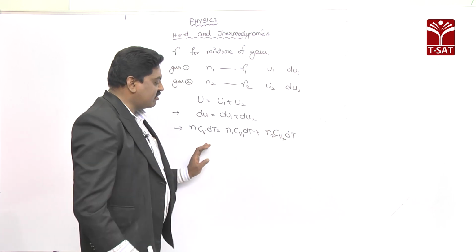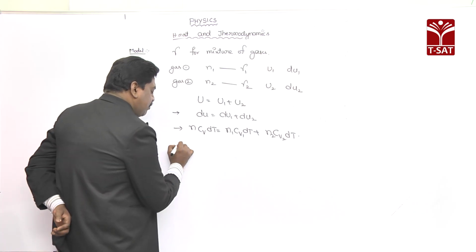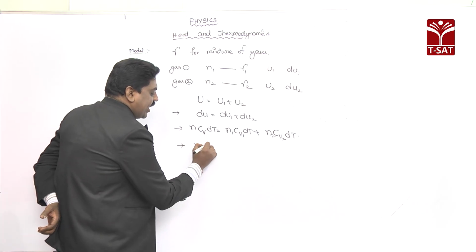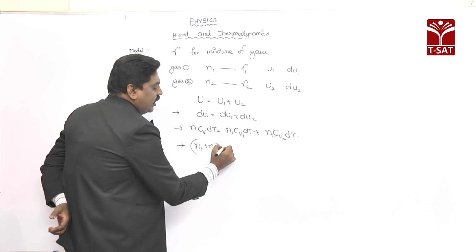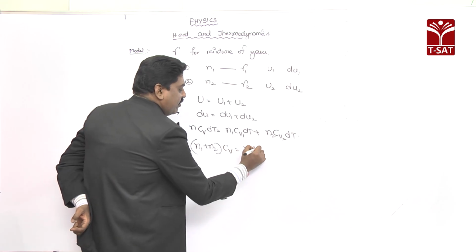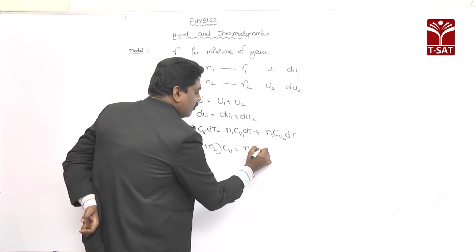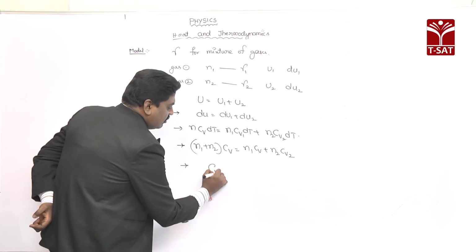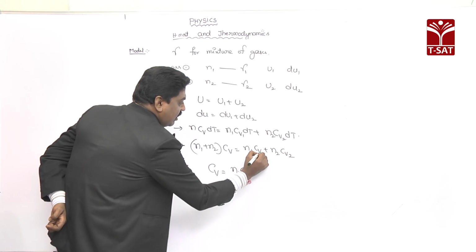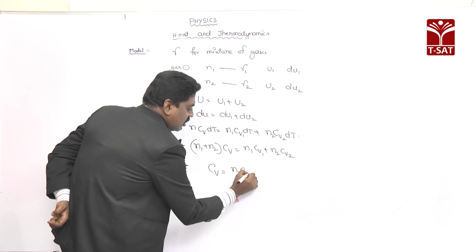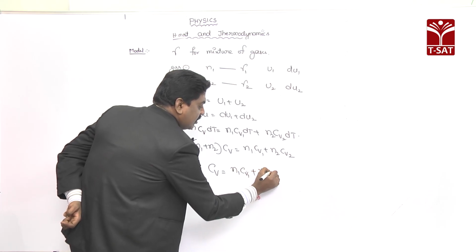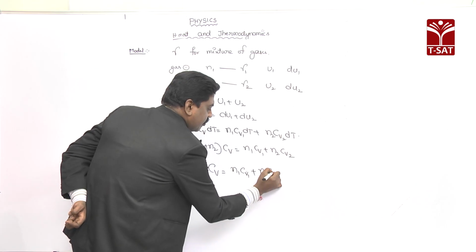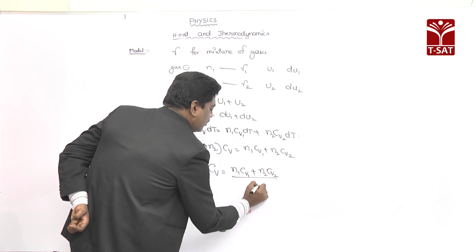All of them have the same change in temperature, so it can be cancelled. We can obtain n1 plus n2 into Cv equals n1 Cv1 plus n2 Cv2. Cv is given as n1 Cv1 plus n2 Cv2 by n1 plus n2.